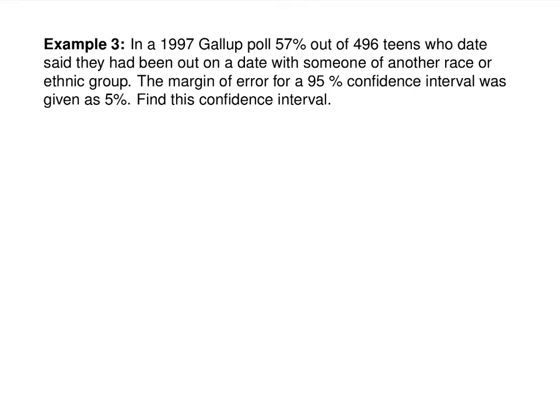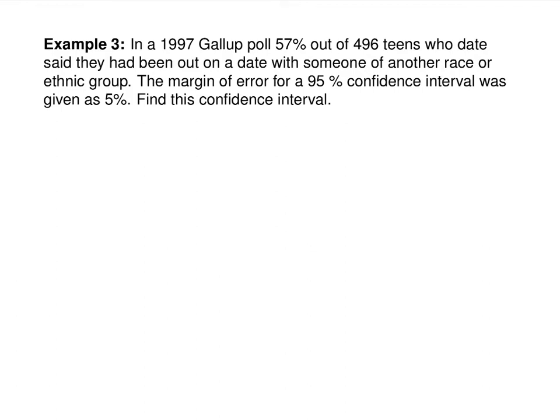This is just a quick review of what we did in Chapter 5. A 1997 Gallup poll said that 57% out of 469 teens who date said they had been on a date with someone of another race or ethnic group. The margin of error for a 95% confidence interval was given as 5%. Find this confidence interval.